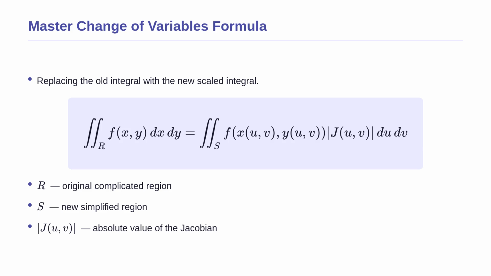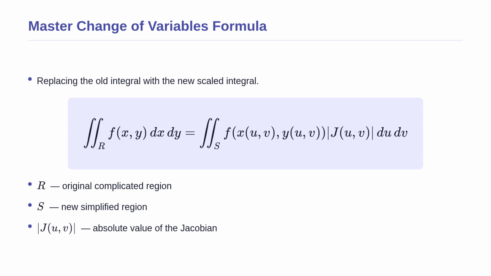With our scaling factor defined, we can now put it all together into the master formula for changing variables in a double integral. On the left, we have the integral over our original complicated region R. On the right, we replace every x and y with their new u and v formulas, integrating over the simple new region S. Crucially, we must multiply by the absolute value of the Jacobian because physical area cannot be negative.